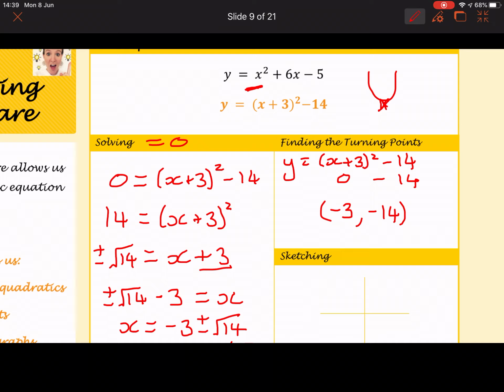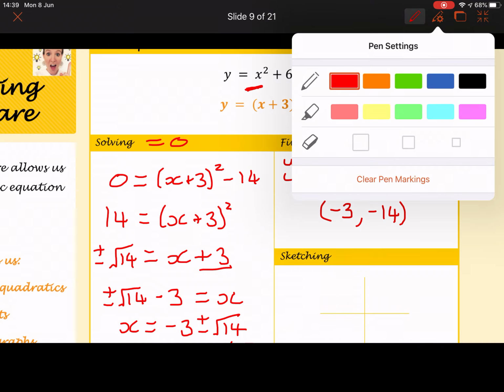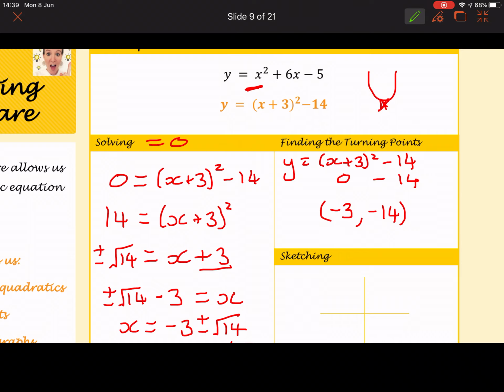Now that's why it works, that's the theoretical understanding, but a lot of people find that concept a little tricky to grasp. And there is an easy way to just write down the coordinate, even if you don't understand what's going on there. You'll see in this bracket we had a plus 3 and our coordinate is minus 3. You're used to flipping the signs when you find coordinates, like when you find your roots from a factorised form. If you had (x plus 3)(x plus 5), you'd have your solutions as minus 3, minus 5.